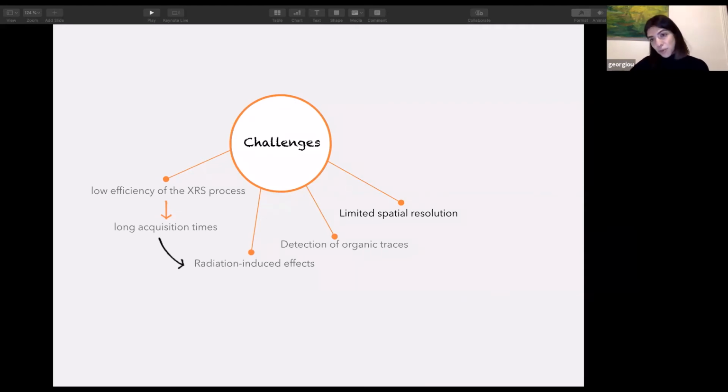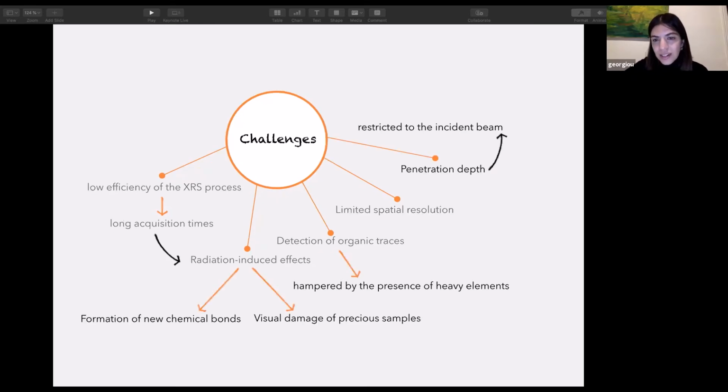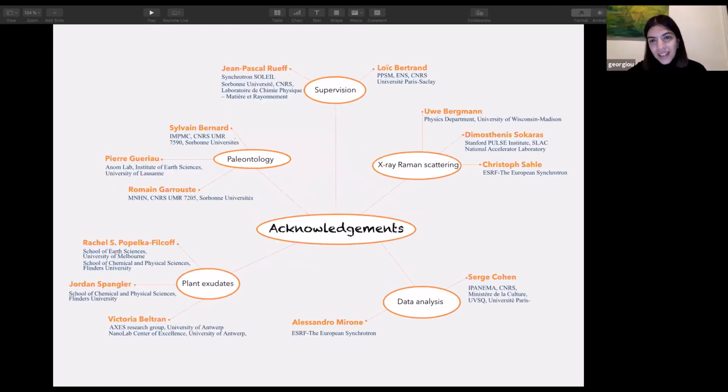There are improvements, as I mentioned before, from the algorithms introduced by Alessandro Mirone and Christophe Sahle, but still we cannot compare it with the spatial resolution of CT, for example. And the last one is the penetration depth, which is restricted by the incident beam. Thank you. That was it.